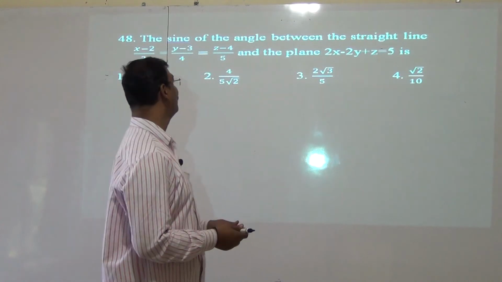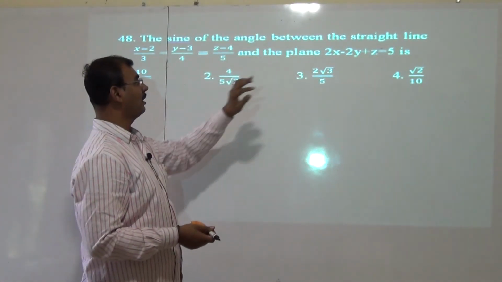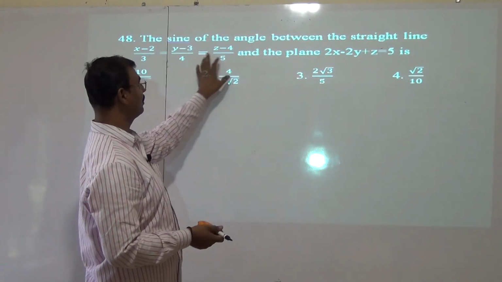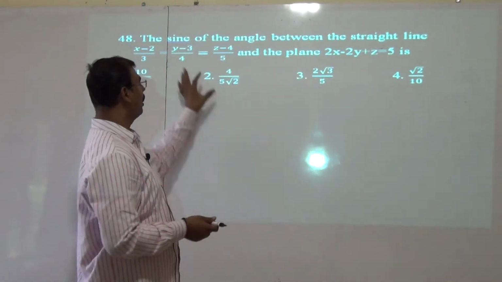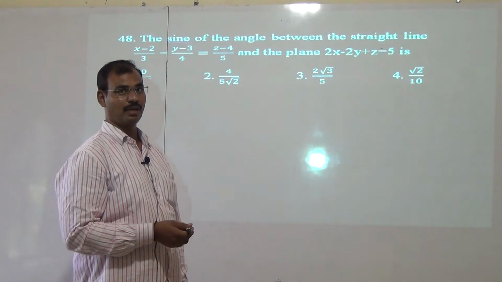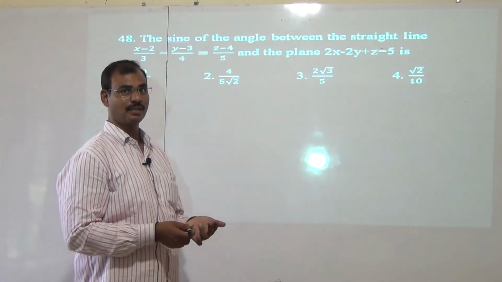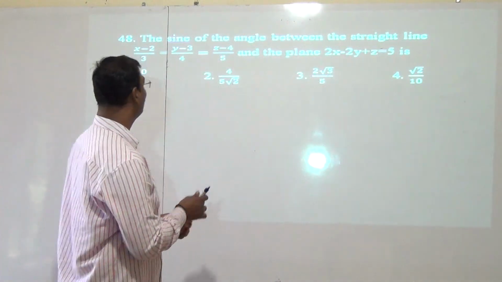Once again you see the sine of the angle between the straight line and the plane. Line and plane are given, what is the angle formula? In terms of sine or cosine? Sine, remember. Line and plane given, so what are the values?